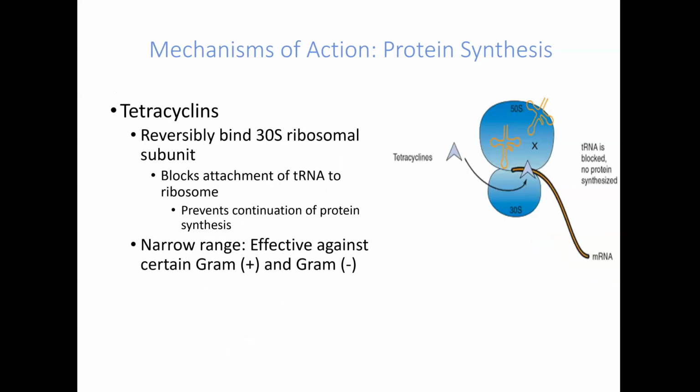All right, the tetracycline, and most everyone's heard of tetracycline. It's one of the most commonly prescribed antibiotics. This class of drugs binds to the 30S subunit as well, but it doesn't allow the transfer RNA to attach.